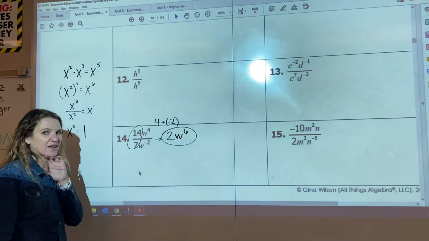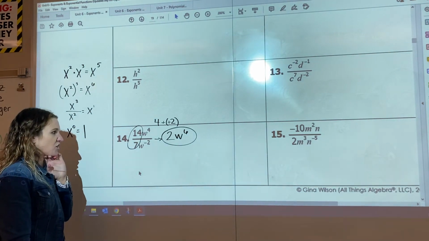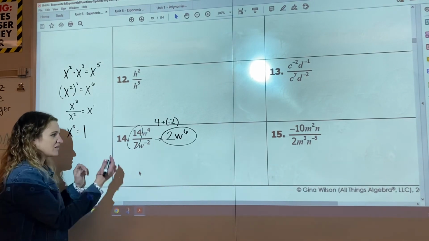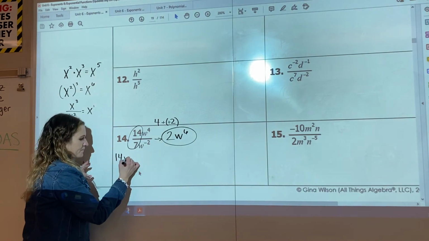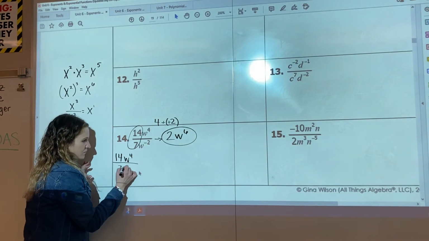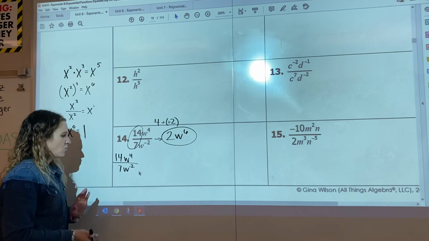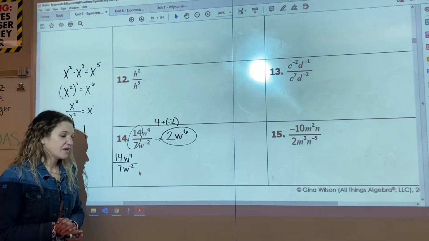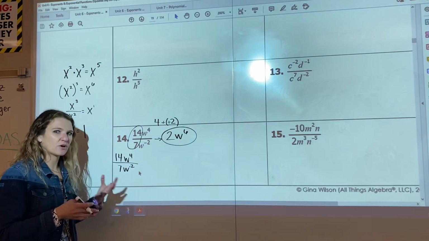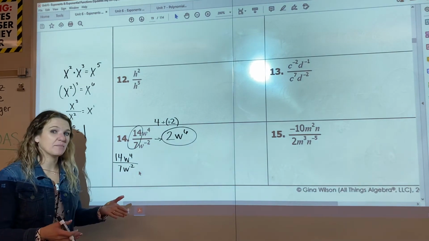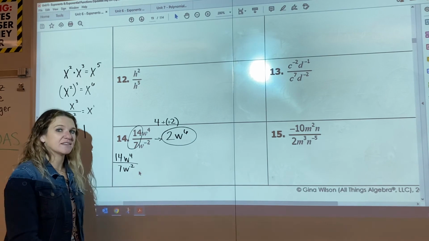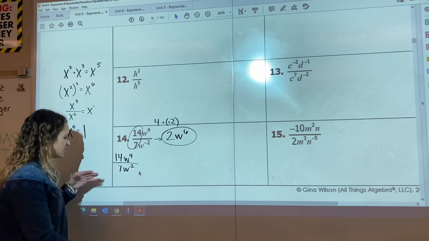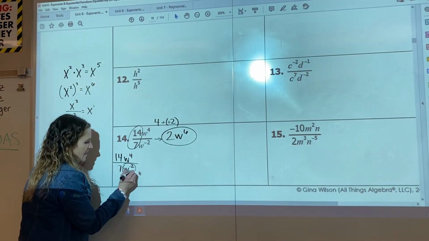Now there's one other way of looking at this. So there's really no other way of looking at the 14 over 7. However, let me just rewrite it here. One thing that you could do is move your negative exponent first. Now it's all up to you. It's kind of like what you're more comfortable with. You're not going to get it wrong either way, but I'll show you how some students might solve this instead. They might say, hey, I know I can't have negative exponents, so I'm going to take this and move him up.